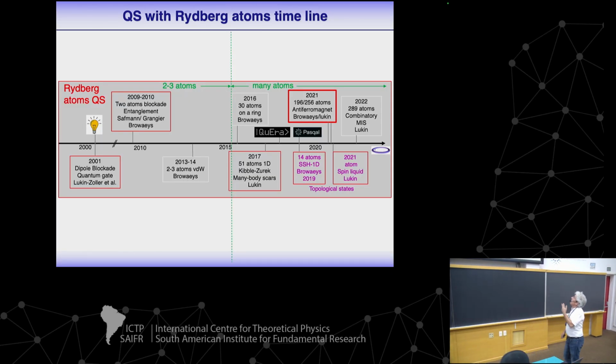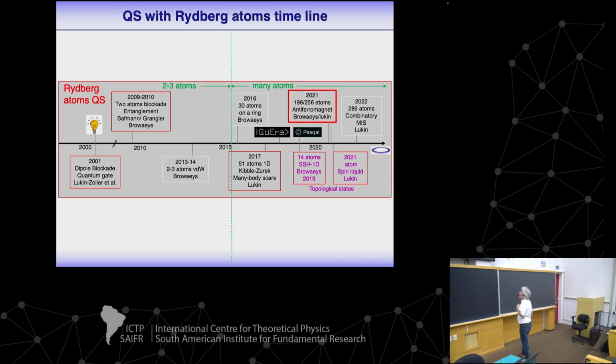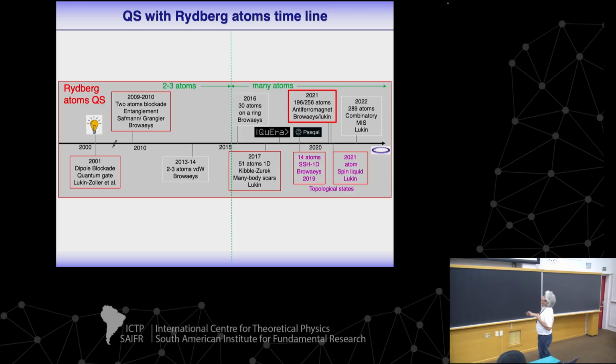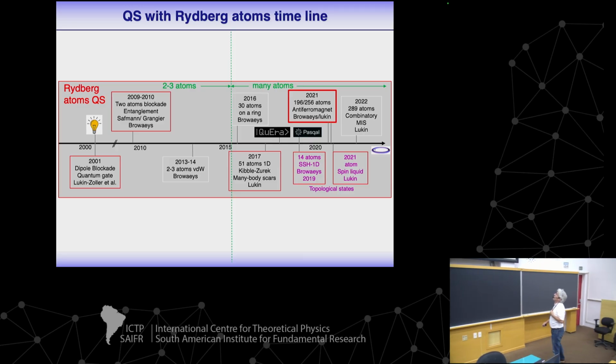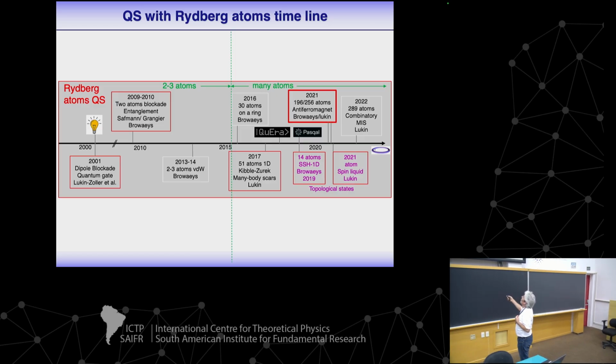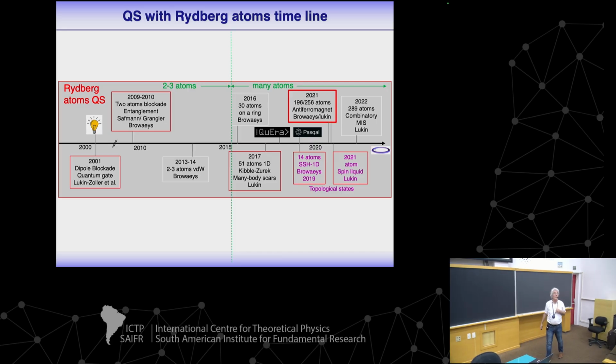So let's go one step further with even more atoms. We were in the range in 2017 of a few tens of atoms, up to 50 atoms. And then I will switch to an experiment where basically 200 atoms were involved in order to demonstrate preparation of antiferromagnetic many-body states in a two-dimensional array.